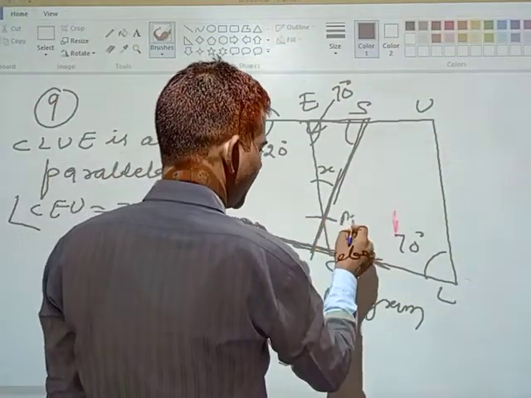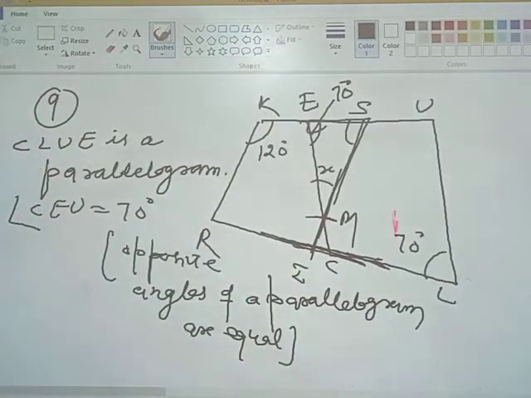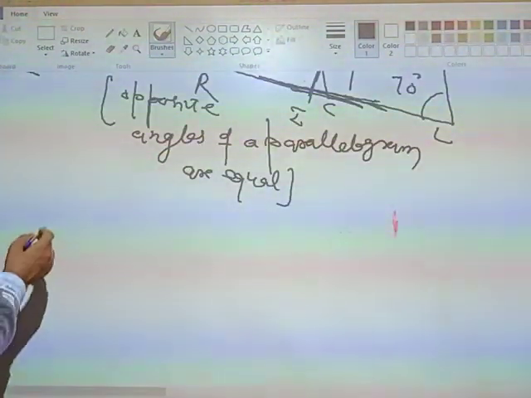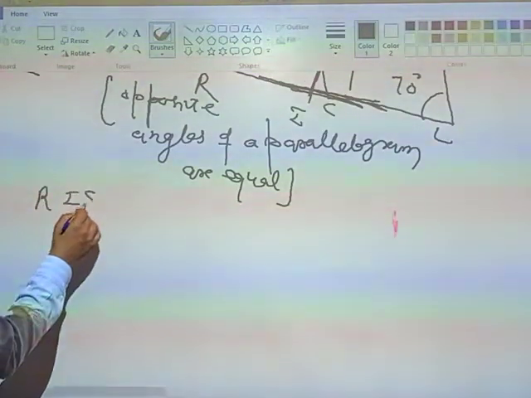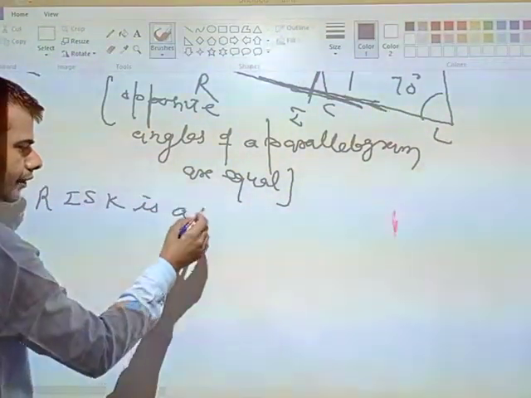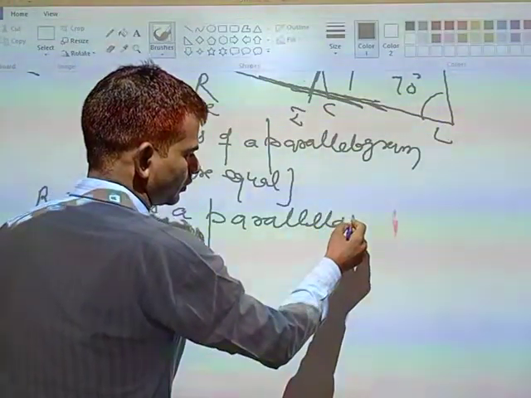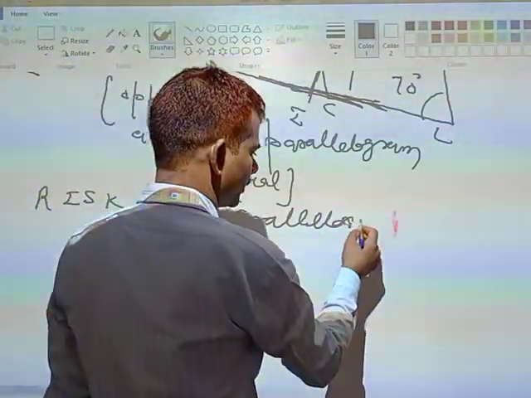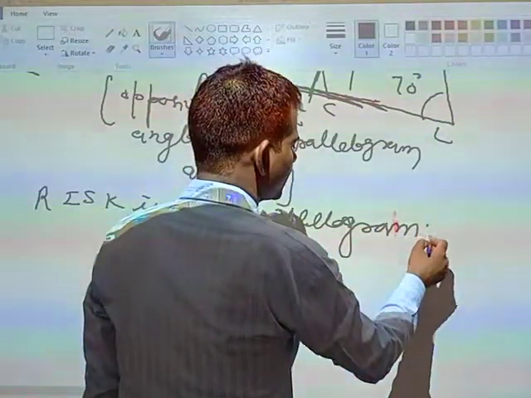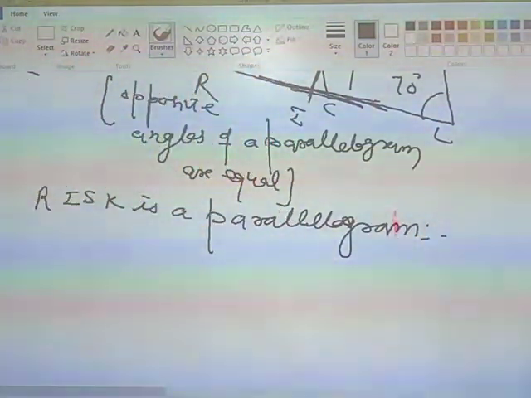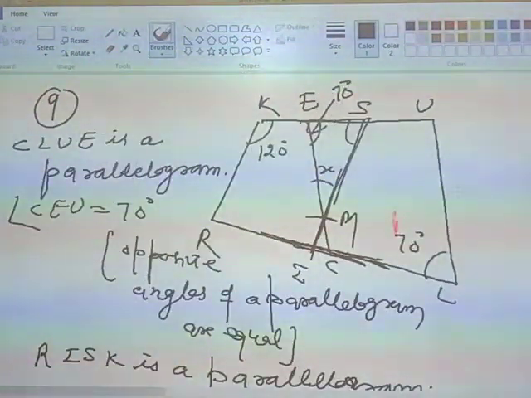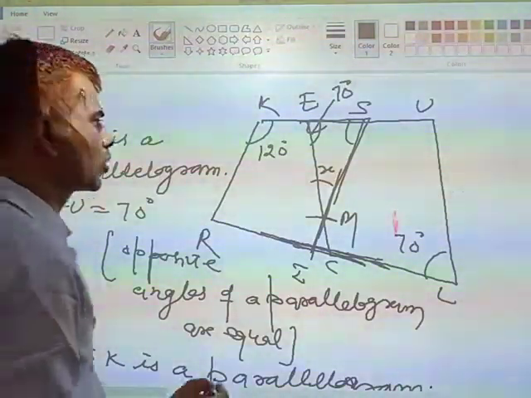You take it at M. Now, RISK is a parallelogram. Students, one second, we must complete the question. RISK is a parallelogram.